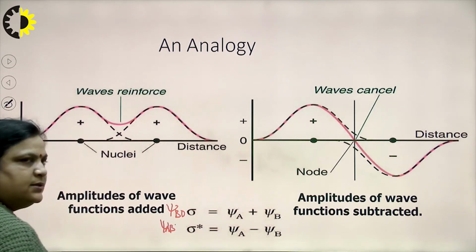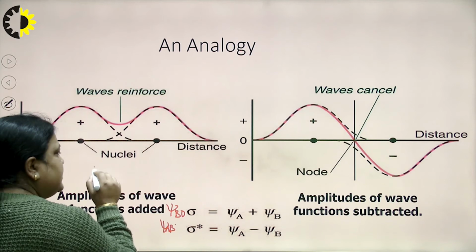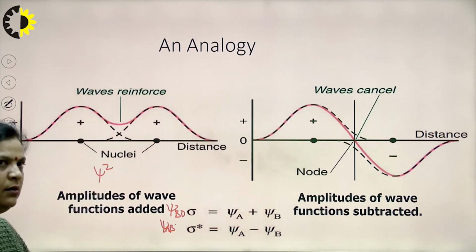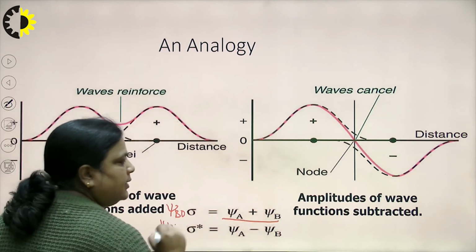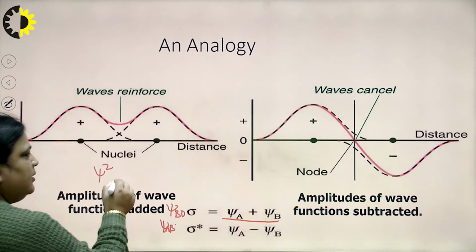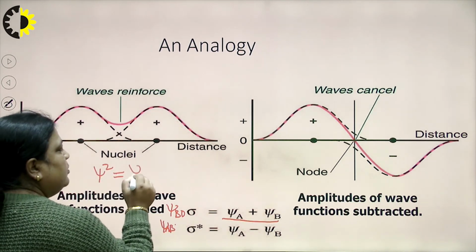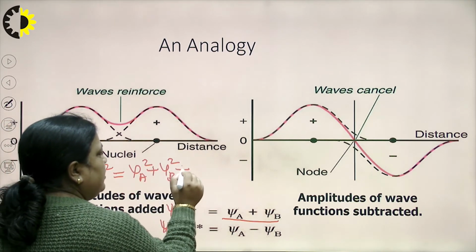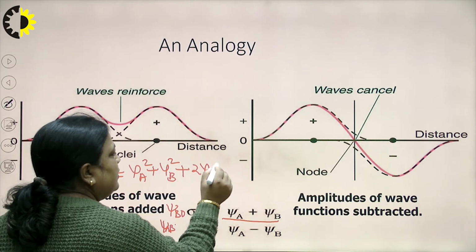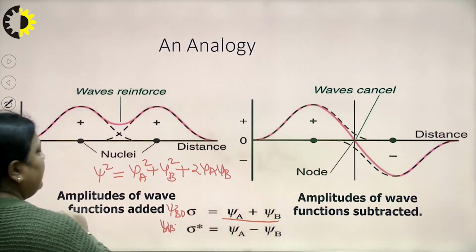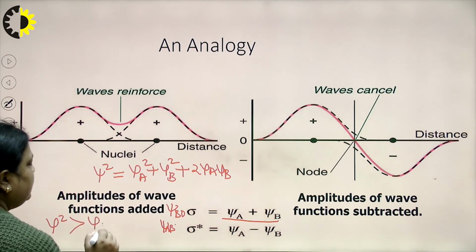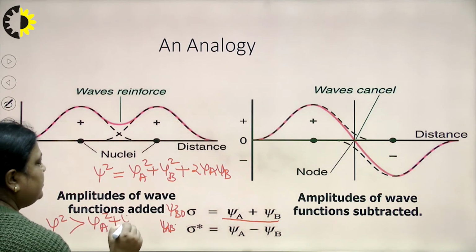If we square this, psi square of the bonding molecular orbital, because additive overlapping is there, psi square is equal to psi A square plus psi B square plus 2 psi A psi B. So we can say that psi square is always greater than psi A square plus psi B square.